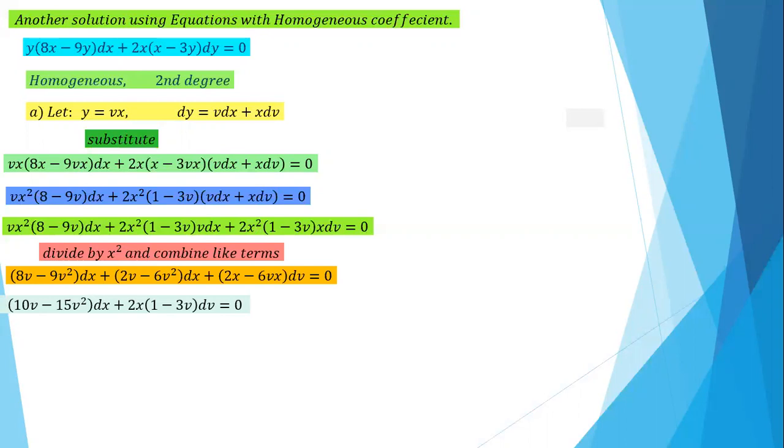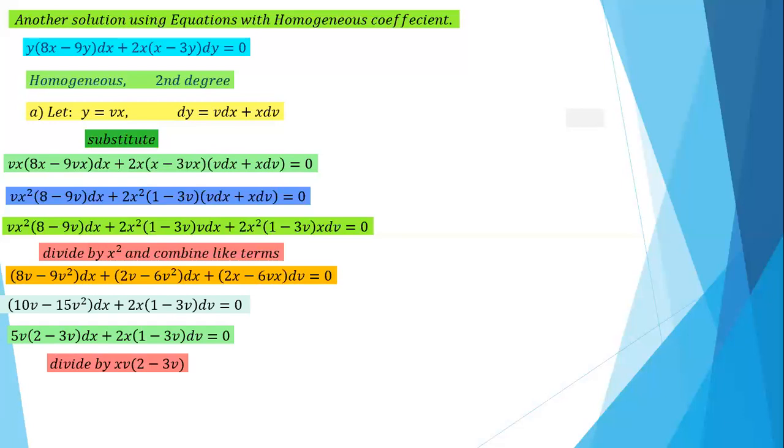Then we have 10v minus 15v squared dx plus 2x times 1 minus 3v dv equals 0. So simplifying, then we have 5v times the quantity of 2 minus 3v dx plus 2x times the quantity of 1 minus 3v times dv equals 0.